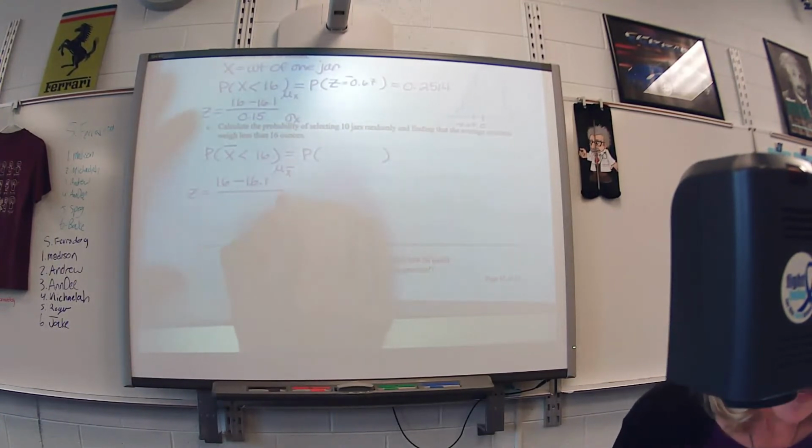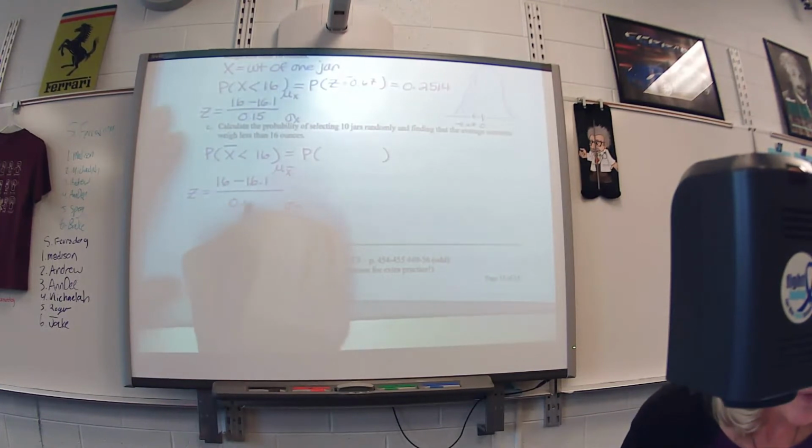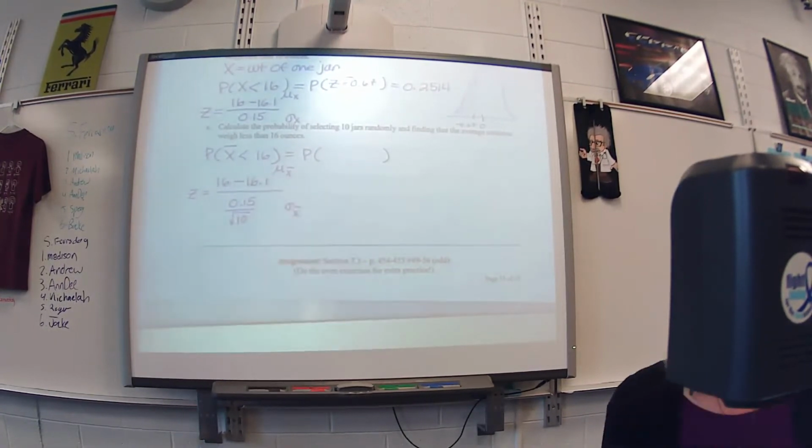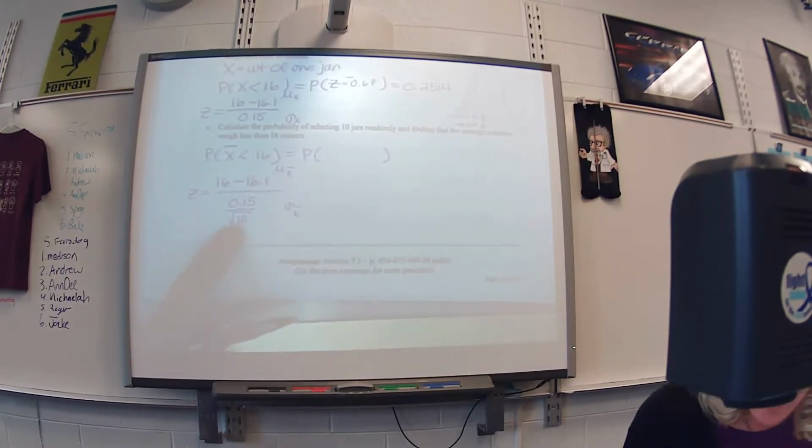But at the bottom, when you divide by sigma sub x bar, you don't just divide by 0.15. That 0.15 has to be divided by the square root of 10. And by dividing by that, that's going to change.